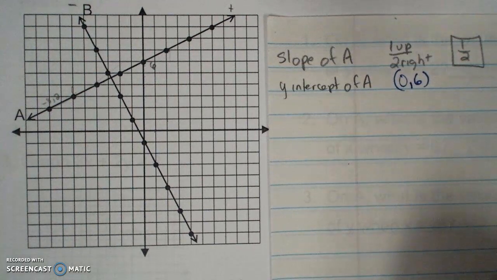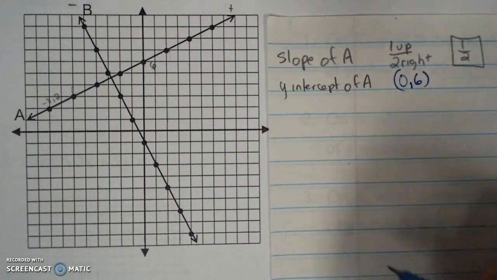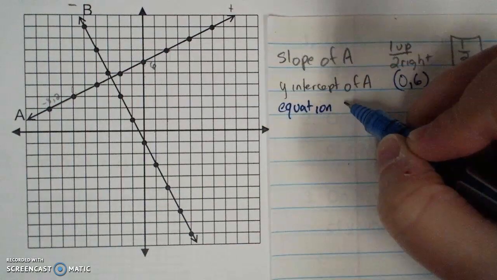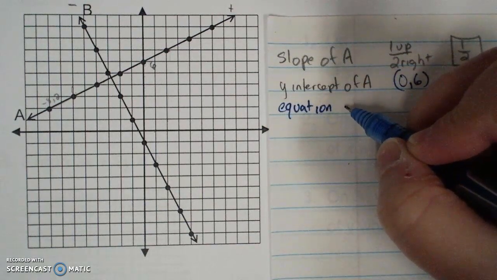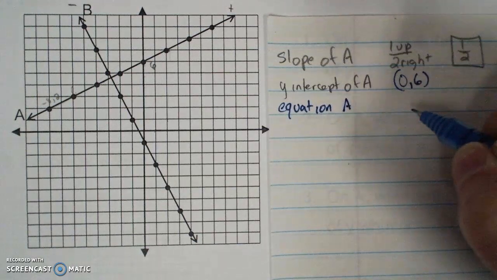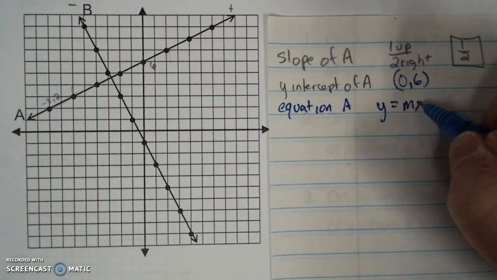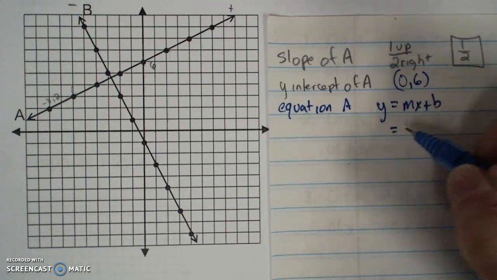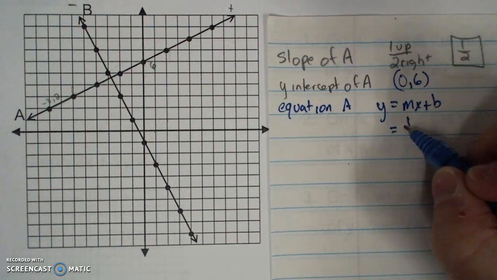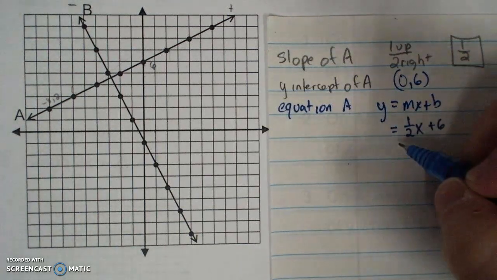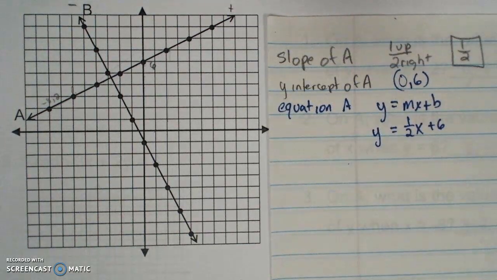What is the equation of line A? So y equals mx plus b. My slope is 1/2. I found it in the first question. And my intercept is 6. So it would be y equals 1/2 x plus 6.